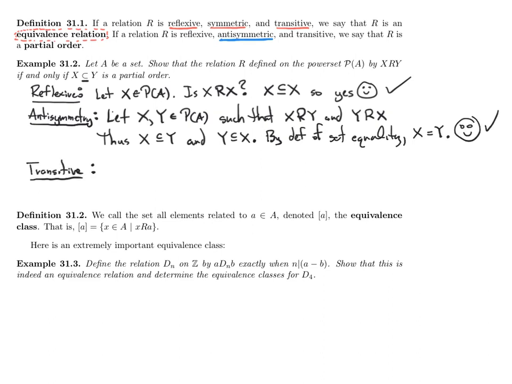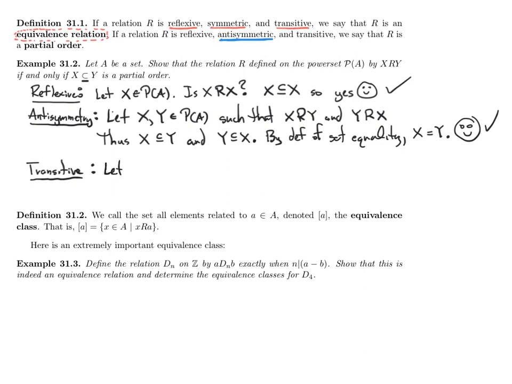So transitivity, remember, says that if we have three elements of the set that our relation is defined on, and let's call them A, B, and C, A is related to B, B is related to C, then we must show that A is related to C. So let's do it.